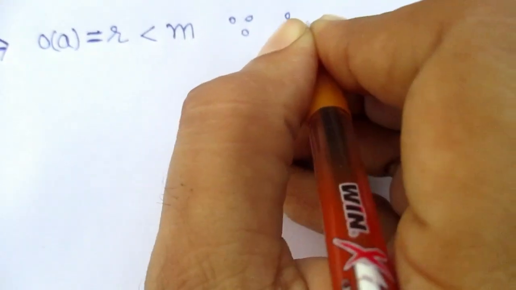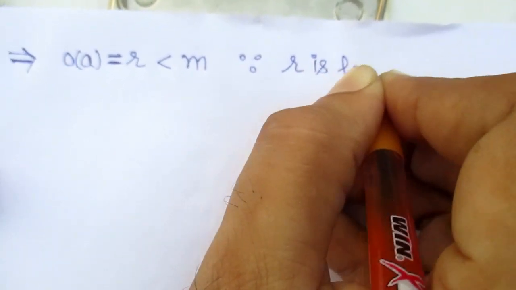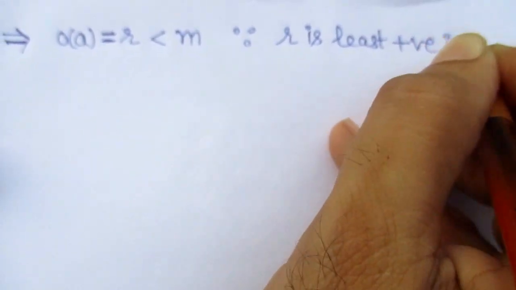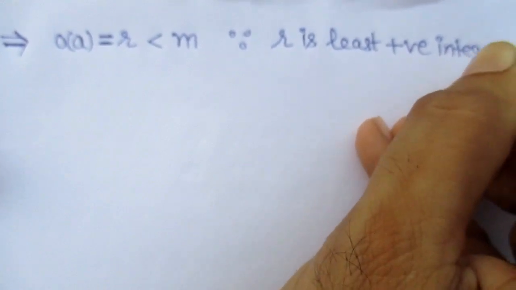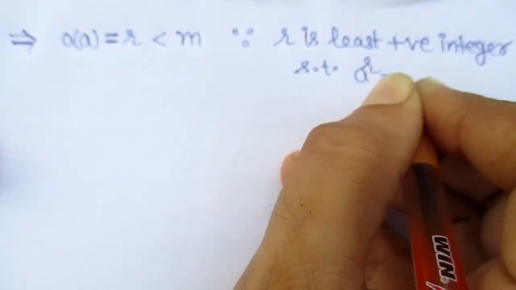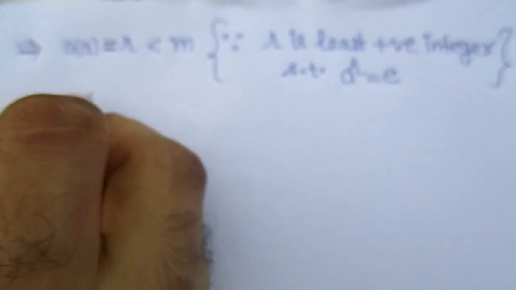Because r is the least positive integer such that a raised to power r is equal to identity, which is a contradiction. ये contradiction है because order of a is equal to m.